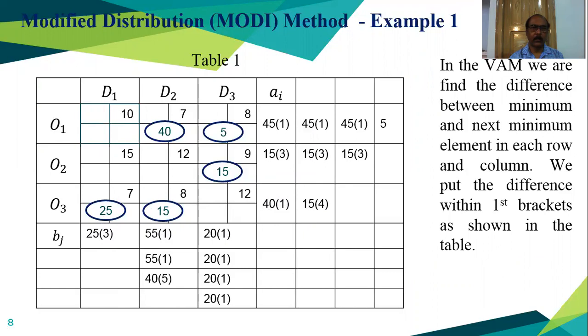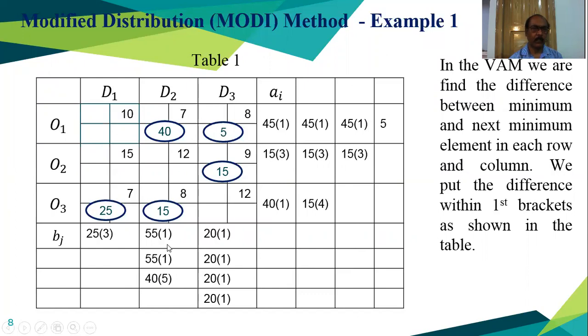Now the third penalty we can calculate. There: 1, 3, 5. So this is our maximum penalty cost.